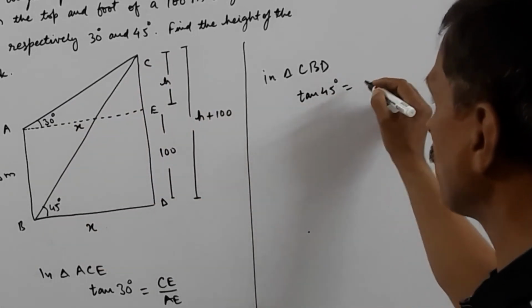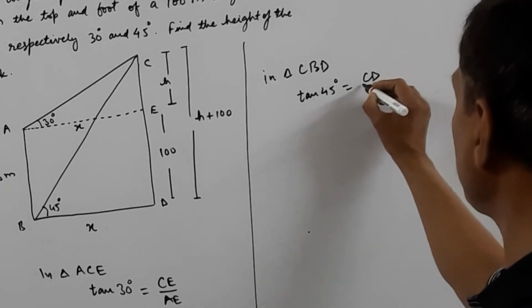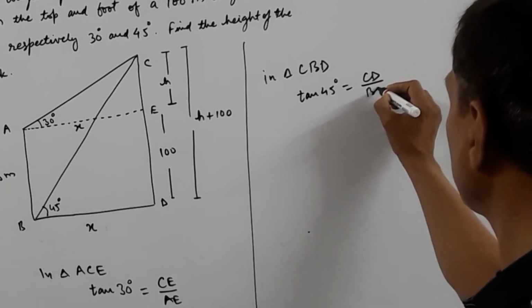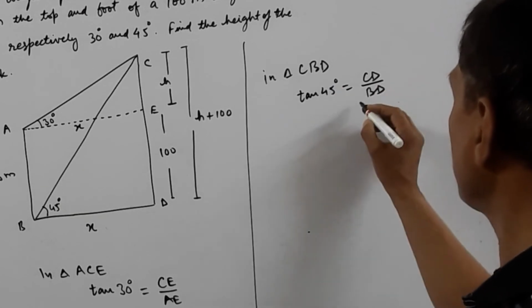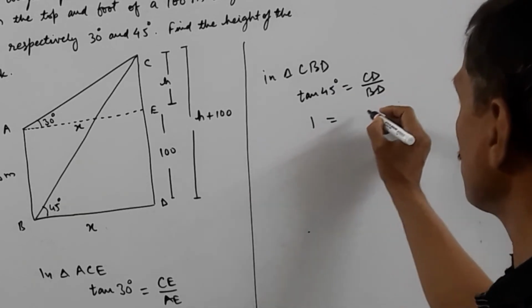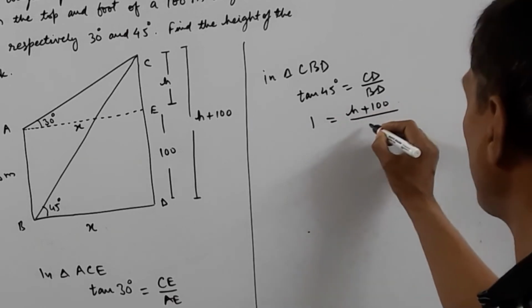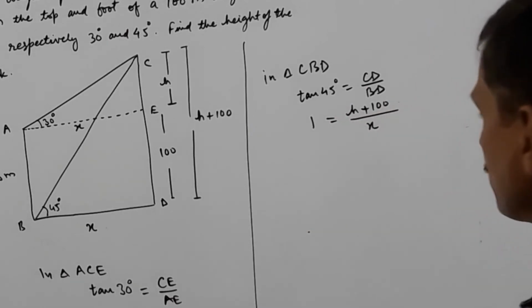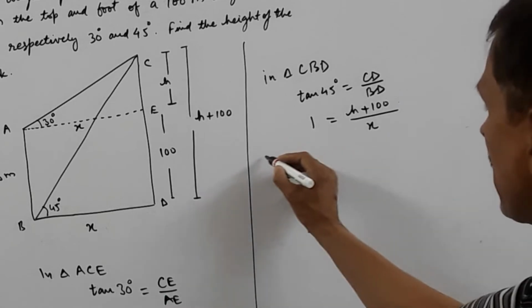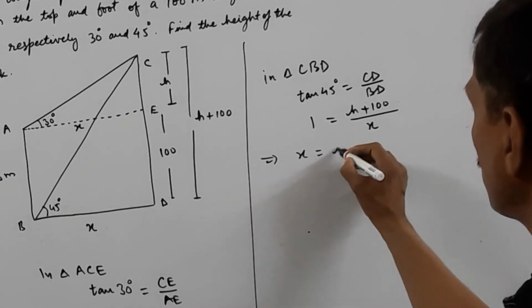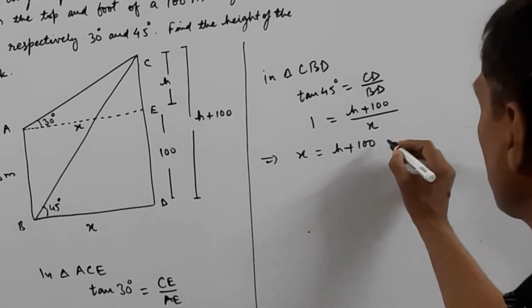Tan 45 degree is equal to CD upon BD. So 1 is equal to H plus 100 upon x, implies x is equal to H plus 100.